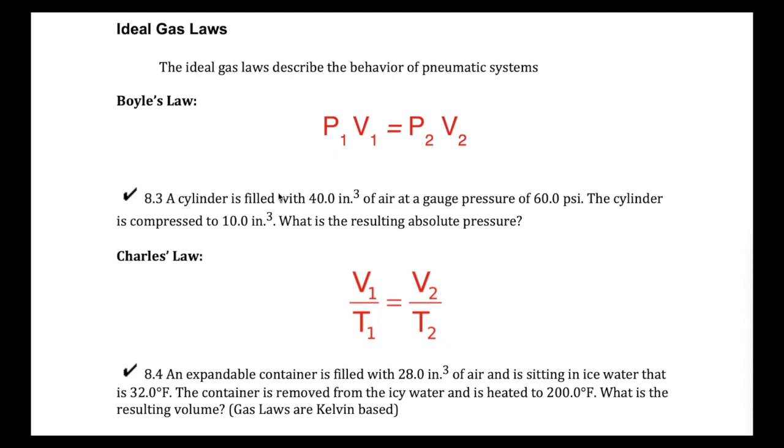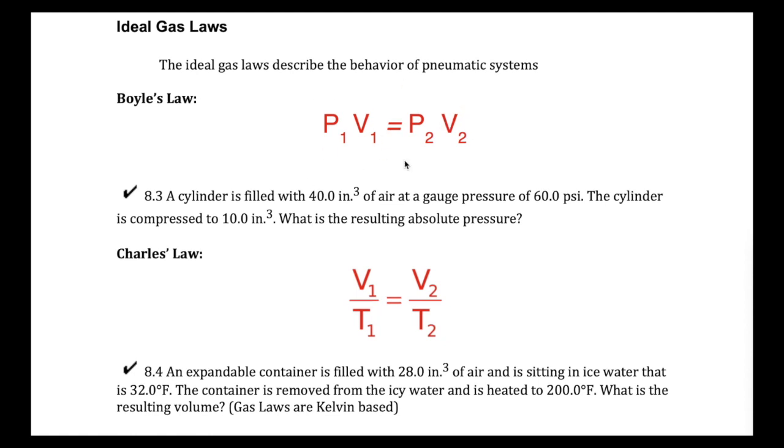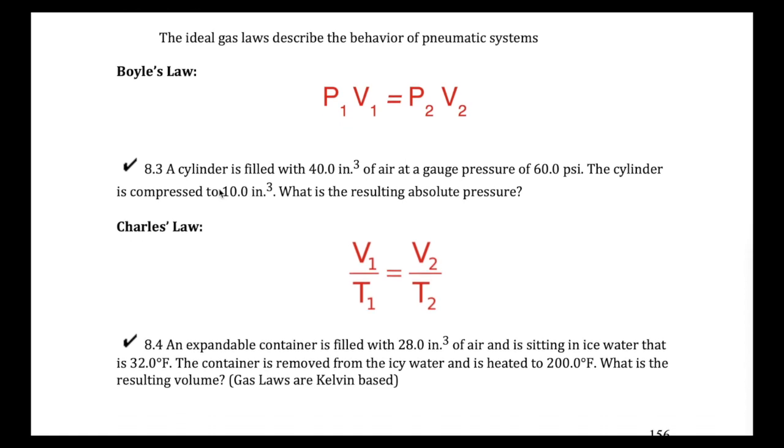All right, so let's look at Boyle's Law, which relates the pressure to the volume. And we have a question here, 8.3. It says a cylinder is filled with 40 cubic inches of air at a gauge pressure of 60 psi. So what do we have to do? We have to fix the 60, right?